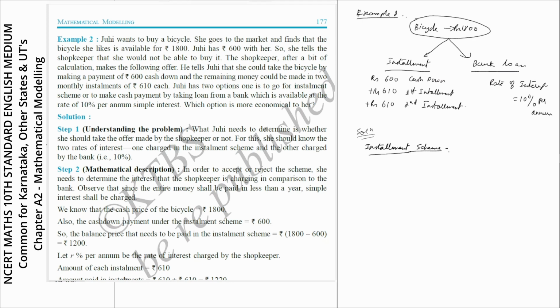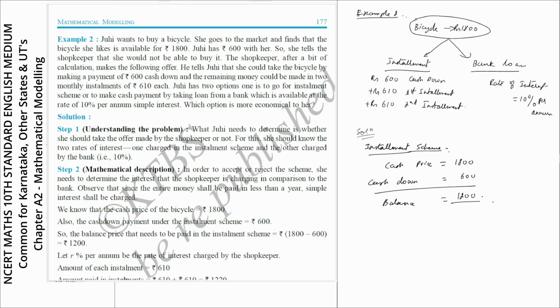In the solution, first I'll calculate the percentage simple interest in installment scheme. Okay, so in installment scheme, the cash price of the bicycle is 1800, and cash down payment is 600. Therefore the balance will be 1800 minus 600, which is 1200.